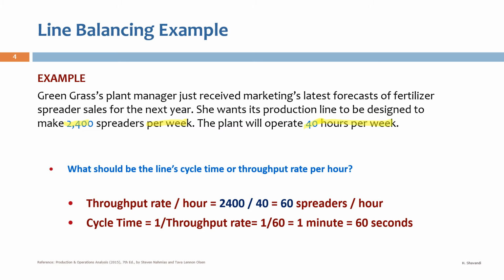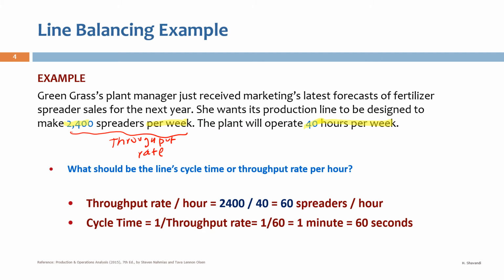As you see here, this will be our throughput rate per week, 2,400 items.